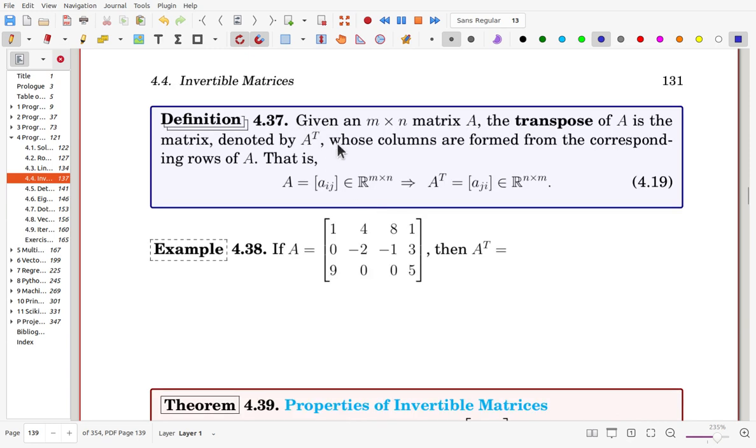Given an m by n matrix A, it doesn't have to be a square matrix.